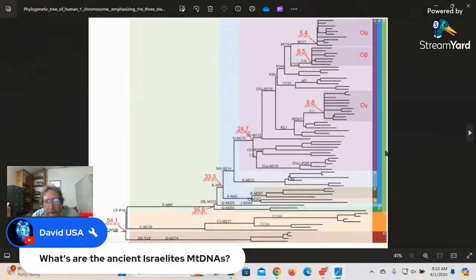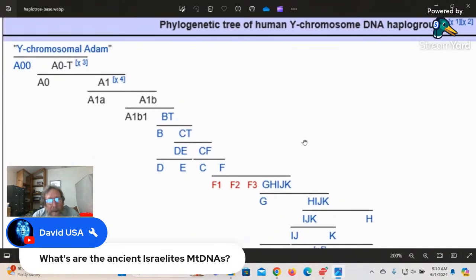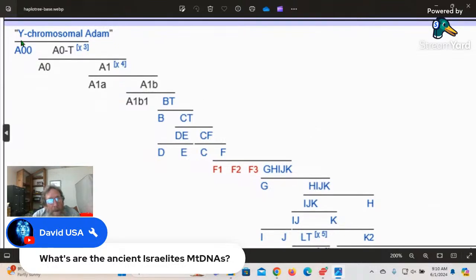Okay. See, this is the Y chromosome, of course. So they have the A through E, and then they have the F connected to the Hamitic lineage through the CF and the CT.